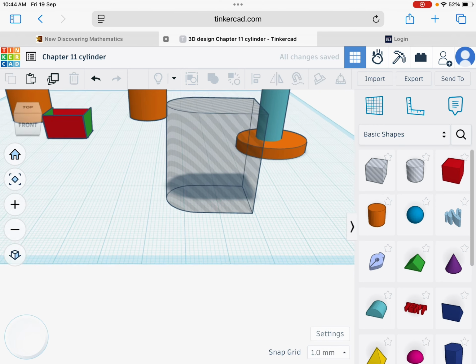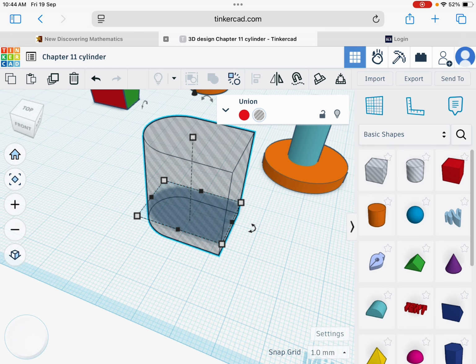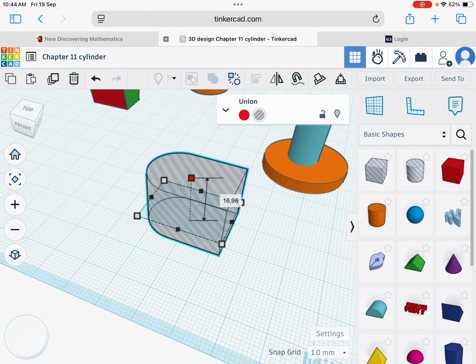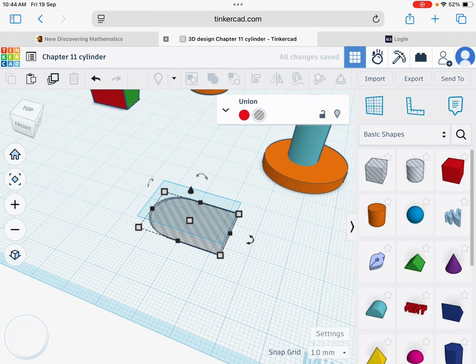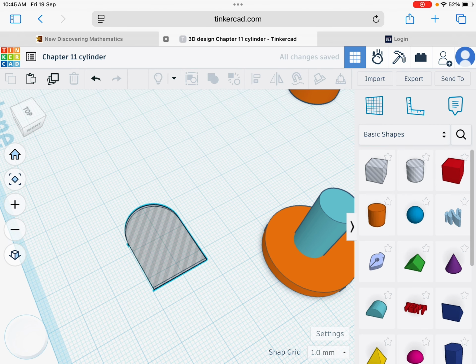Okay, I think roughly, not exact. But the main thing I want to show is this. Again, 2D, 3D, 2D, 3D. So we need to find the area of this shape first.